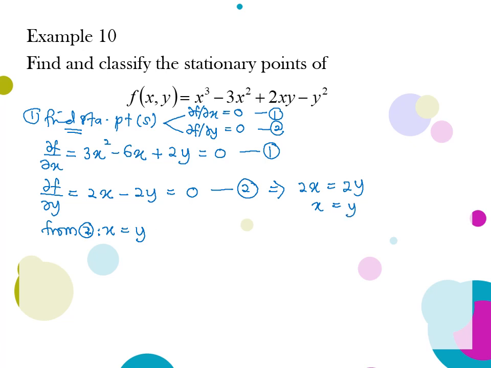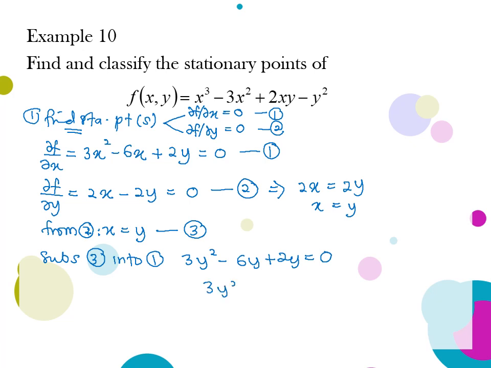From 2 you got this. This would be your third equation. So you substitute the third equation into 1. You will get 3y squared minus 6y plus 2y equal to 0, and this is 3y squared minus 4y equal to 0.